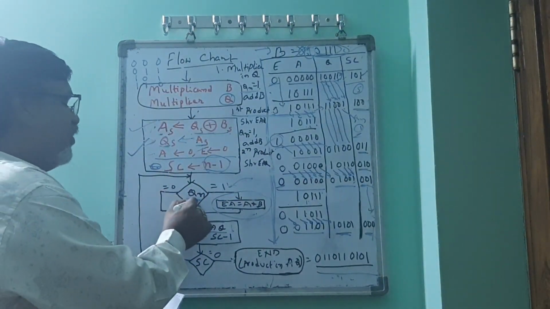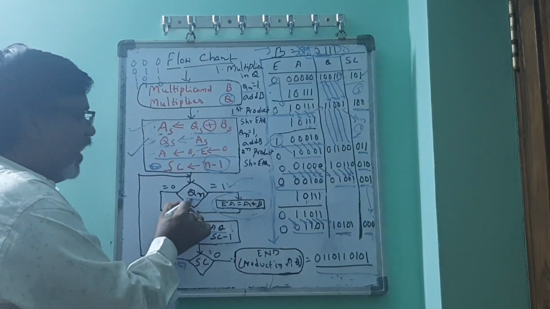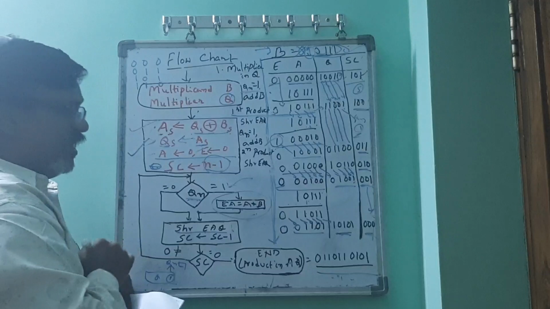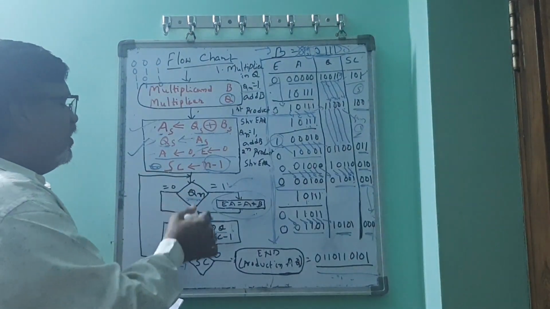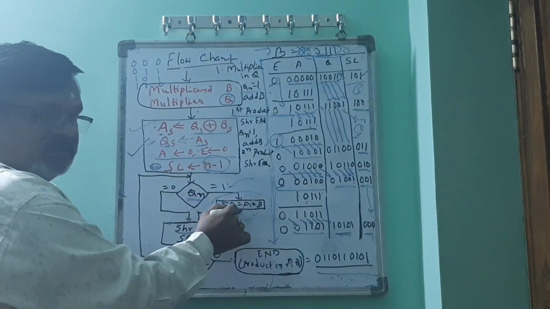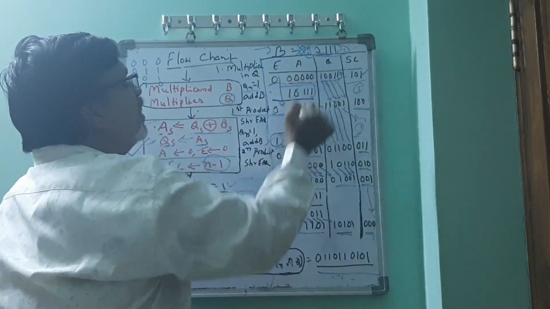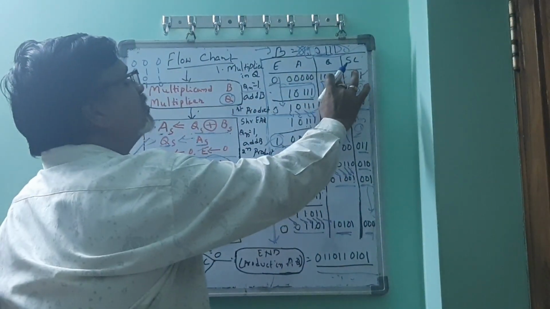Here the Qn value will be checked. If the Qn, meaning the second number, is 1, you will perform this operation, meaning addition. Here 1 0 1 1 1 will be added if the second number is 1.